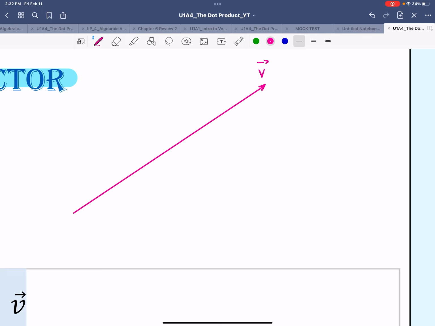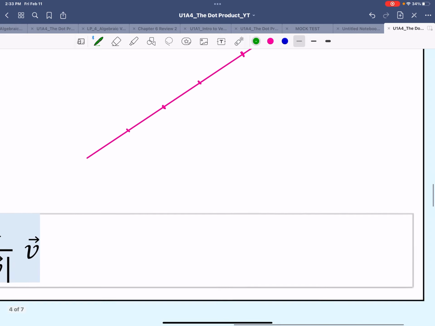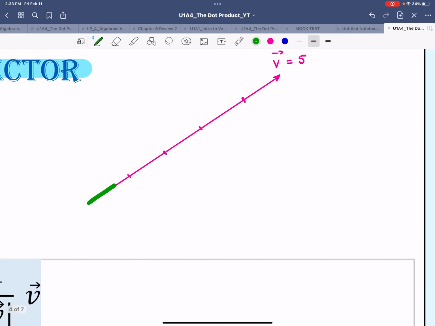Let's give vector v, for example, 5 units in length, which means that if I divided this line that represents a vector into 5 equal parts, then each part will be 1 unit of the vector v. In other words, this vector here will represent the unit vector v.